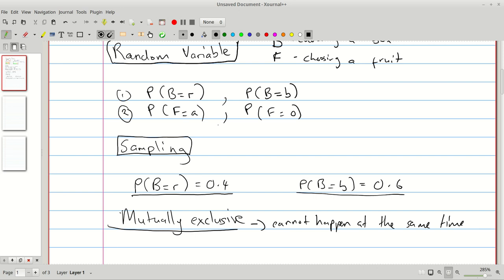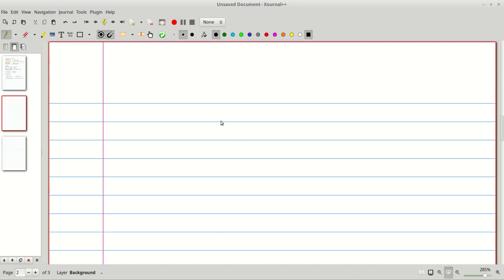We're going to come back to this example a bit later, but first, let's look at the more general case. Let's take a random variable x.